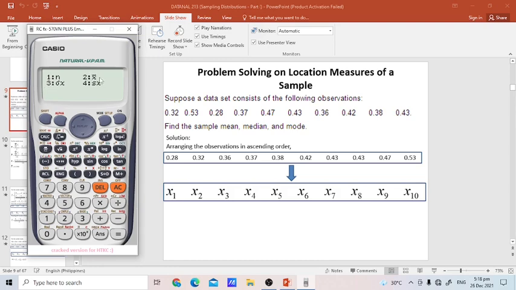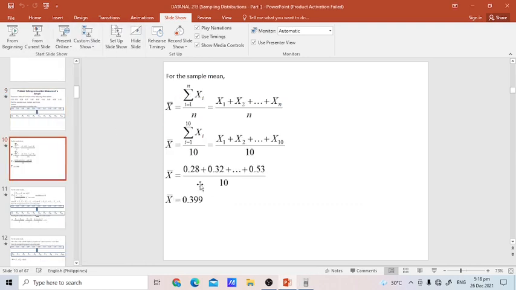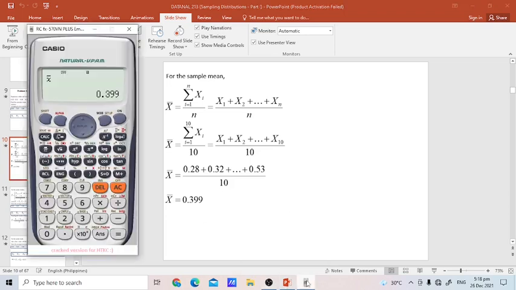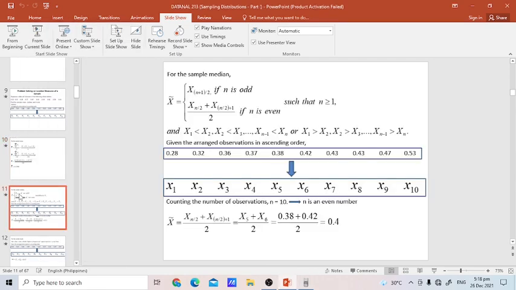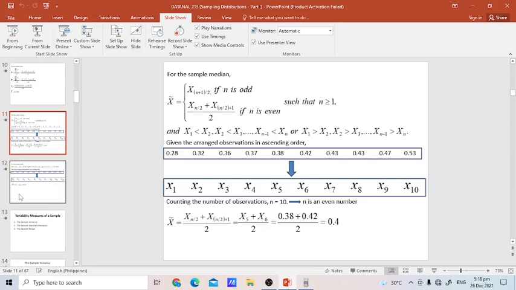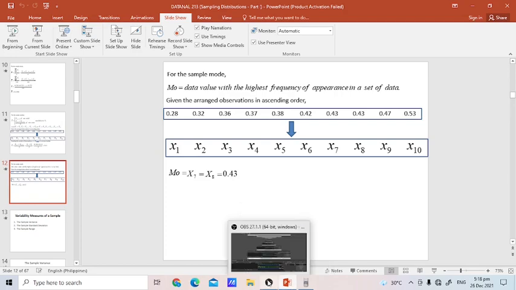We have 2, x bar. There, 0.399. So that's it. Now for the median and mode, we don't have a way to get them in the calculator.